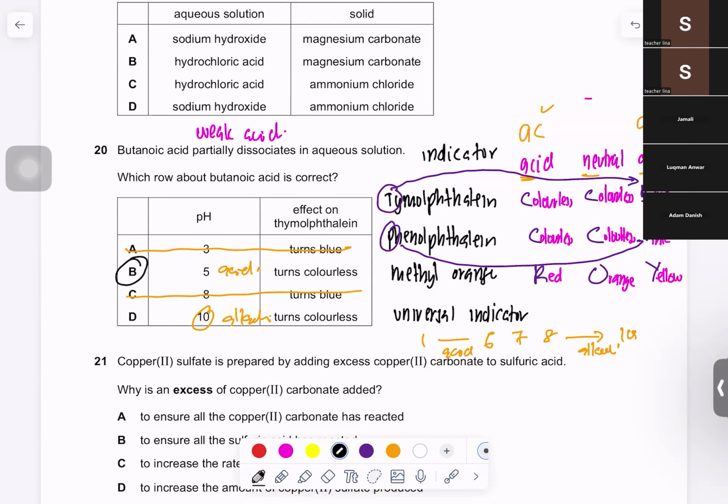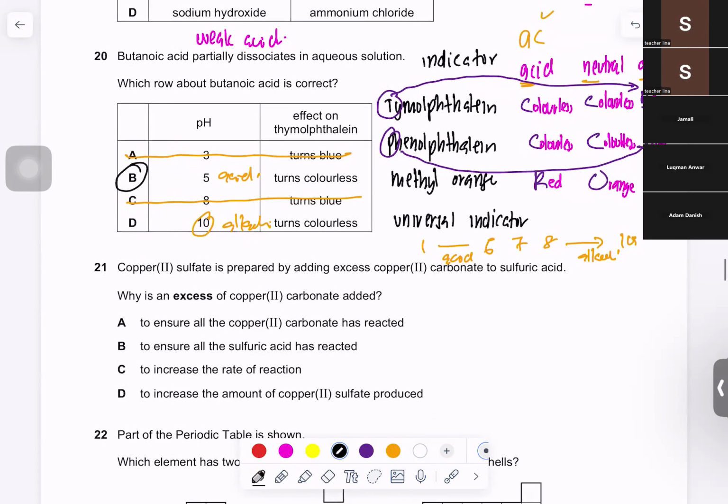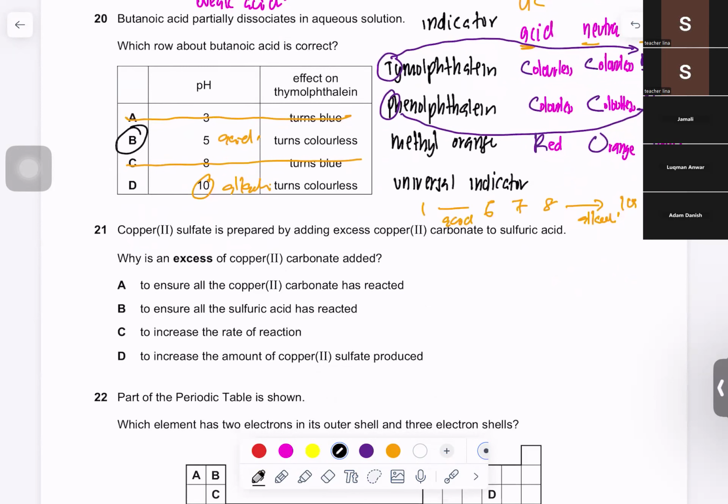Okay. Thank you. Okay. Kalau universal indicator, you nak ingat colour. Dia ada colour red, orange or yellow. Dia orange or yellow dua-dua. Then neutral green, blue and then purple. So ni strong acid. This one weak acid. Lepas tu neutral. That one is a weak alkali.